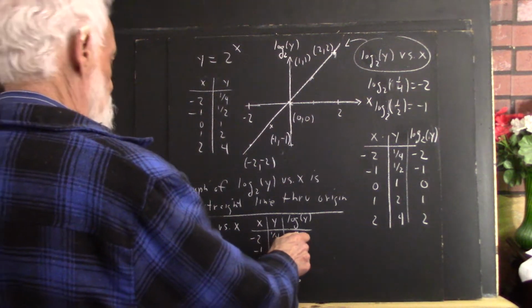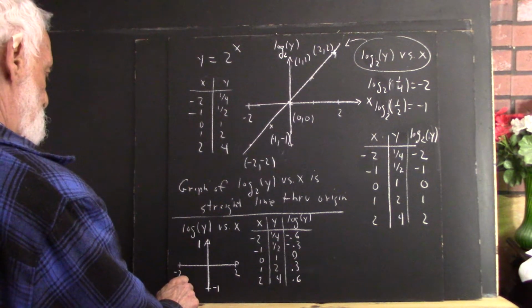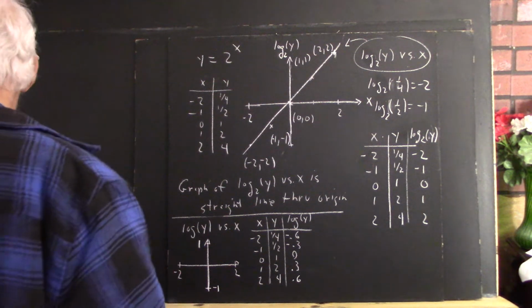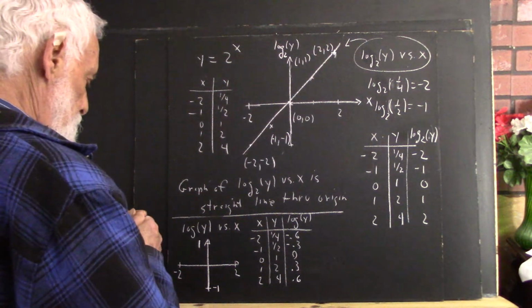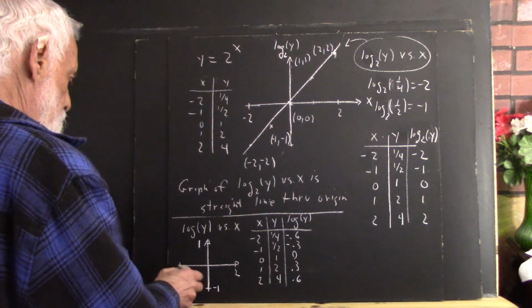Then negative 2 is going to give you negative 0.6. That's going to be about here.